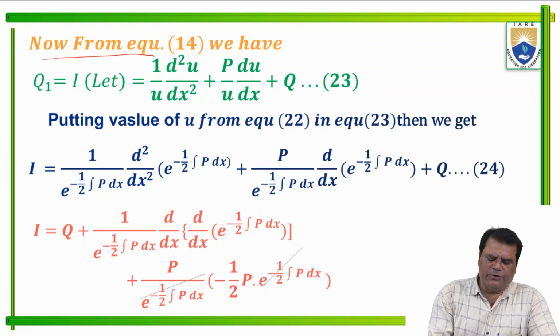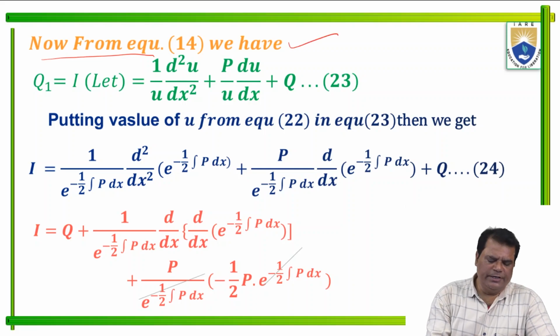Now, from equation 14 we have q1, let q1 be I. So I is 1 upon u d2u over dx2 plus p by u du over dx plus q.